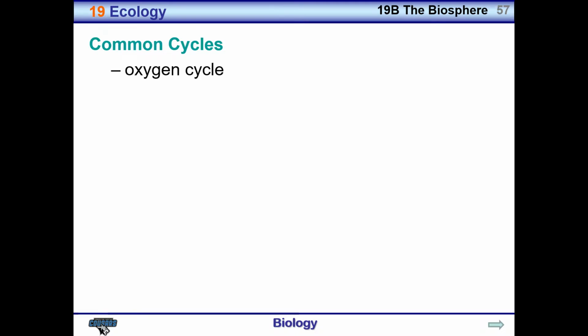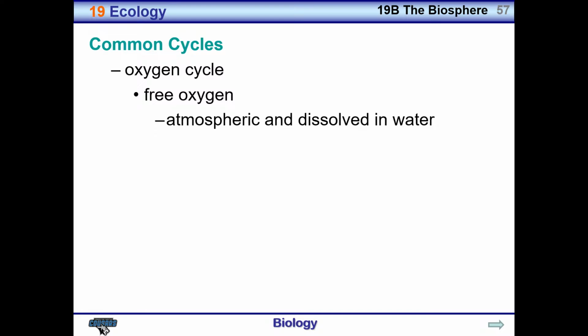The oxygen cycle is another important one, and we clearly benefit from that. There is free oxygen in the atmosphere, and that atmospheric oxygen can also be dissolved in water so that animals that live in the water, which have gills and things like that, can absorb this oxygen from the water.